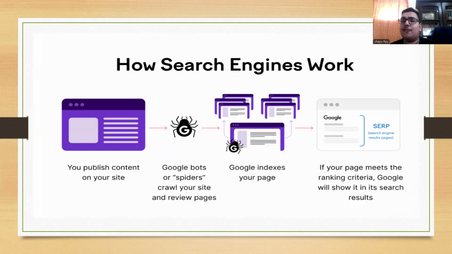And then this page is further analyzed, and based on the Google ranking criteria, it is given a certain rank on how much similar it is to what Google wants it to be. And then when a user enters, let's say, military diplomacy, based on the Google ranking, your article on your site would show up in their search results. So this is how Google or any other search engine for that matter works.